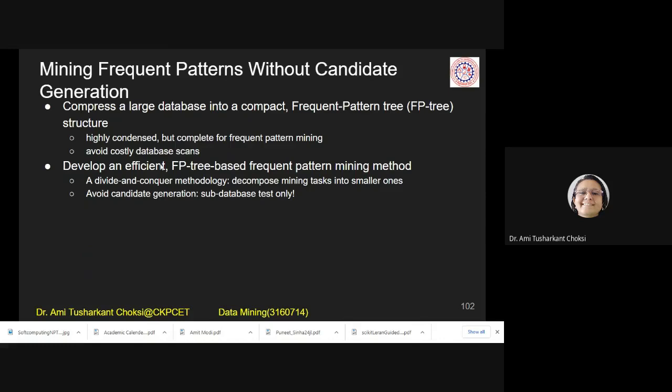Develop an efficient FP tree based frequent pattern mining method. So what is that? A divide and conquer methodology. Decompose mining tasks into smaller ones. It avoids candidate generation, sub-database tests only.